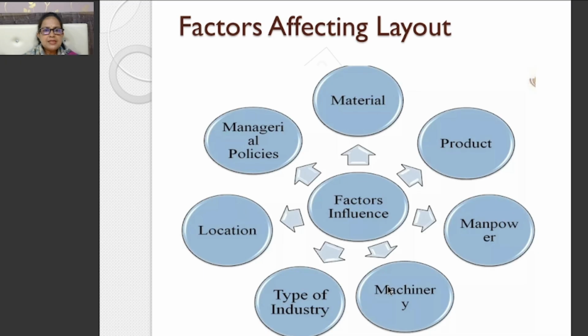Location, where we are establishing the plant or facility. Then the last one is the policies, rules, and regulations of the organization. These are all the factors that affect the layout.